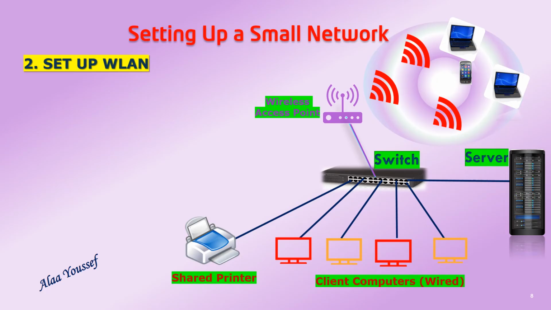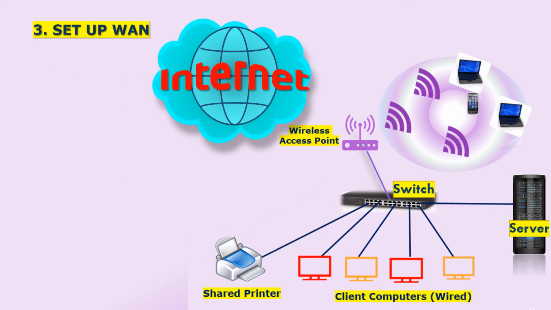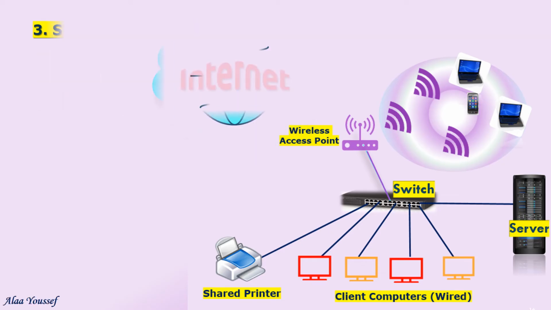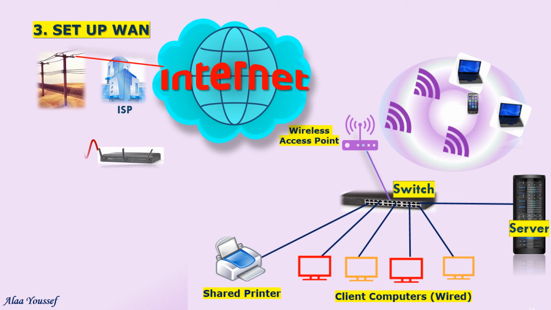WAN setup. Set up an account with Internet Service Provider. Connect the router to one end of the telephone line or the cable line and plug the other end to the telephone or cable box.